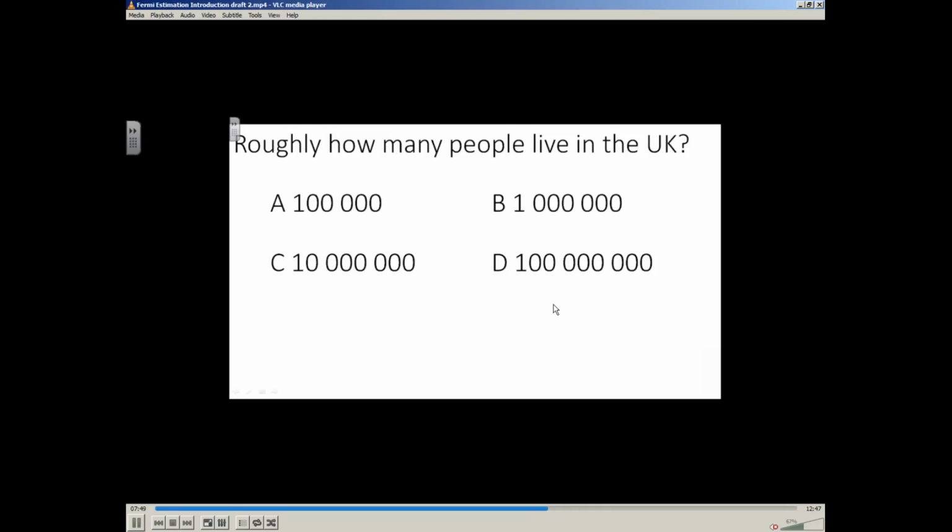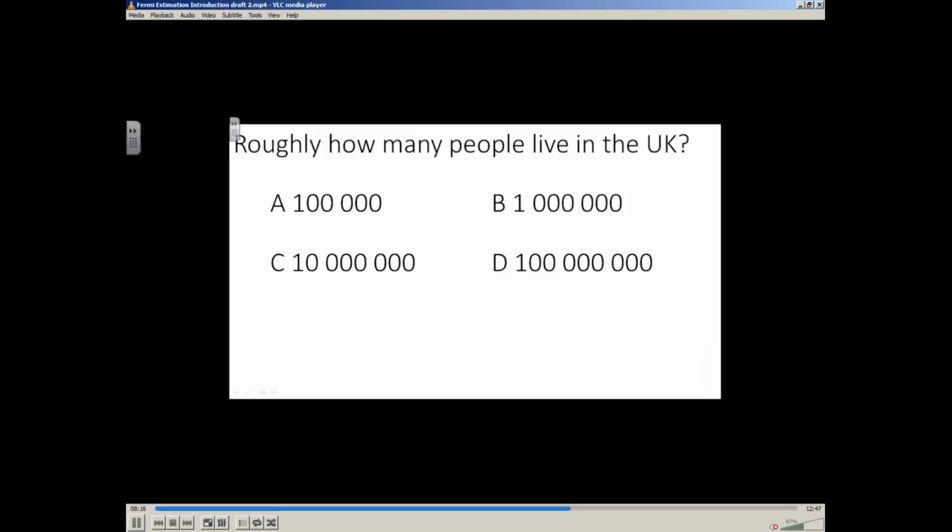Now, you really do need to know a bit of general knowledge here. I'll show you at the end a screen showing you the information you need to know. It helps to know that London's got a population of just under 10 million, and there are quite a lot of cities in this country, so 100 million is probably the most sensible guess of those figures. 1 billion, you really ought to know that 1 billion is more people than there are in the UK. So 100 million people live in the UK, that's our estimate.